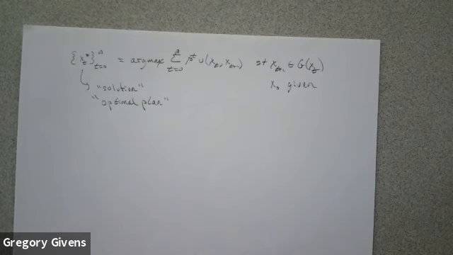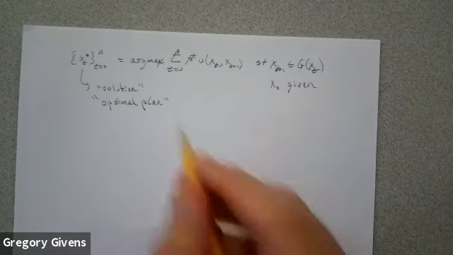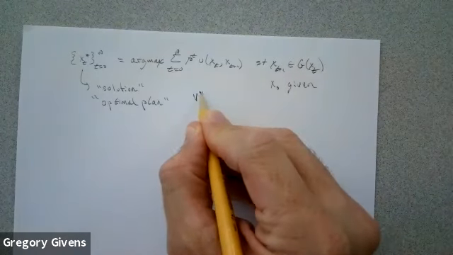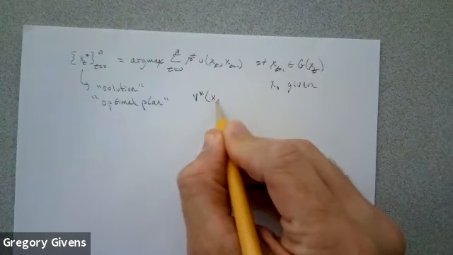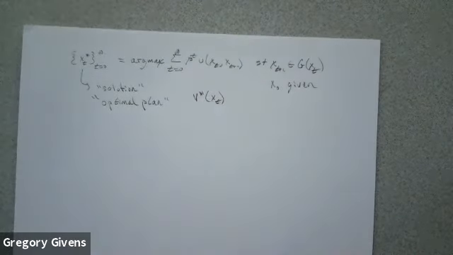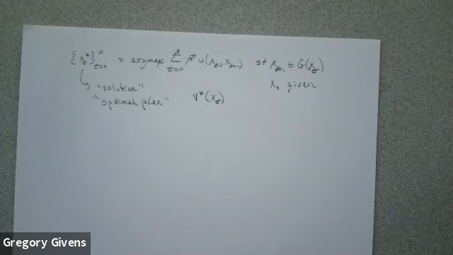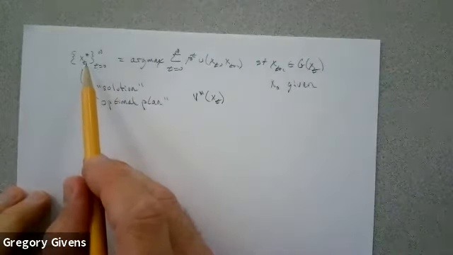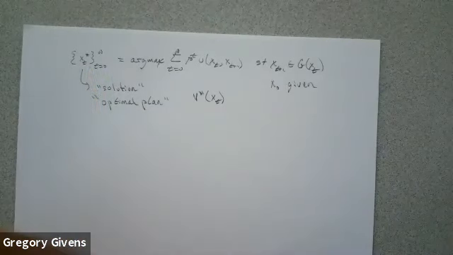Now, of particular interest in dynamic programming problems is, of course, the value function, V star of x_t. V star is interpreted as the value of pursuing this optimal sequence of x's, these x stars, over time.